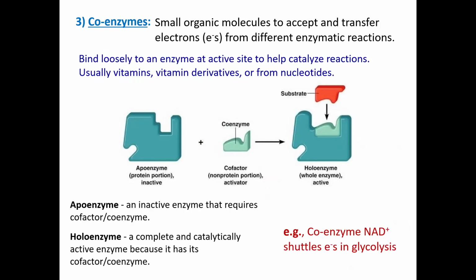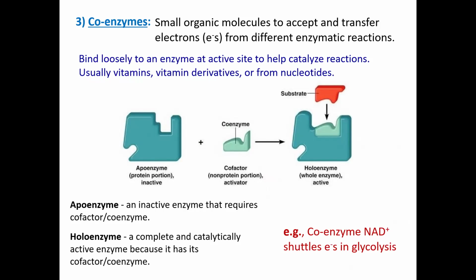So we have the apoenzyme, which is the protein portion and is inactive, and you have your coenzyme, which is a non-protein cofactor that is used as an activator. When it binds, it forms the whole enzyme, which is active, the holoenzyme. So holoenzyme is apoenzyme plus the activator, which is the coenzyme or the cofactor, as the case may be.